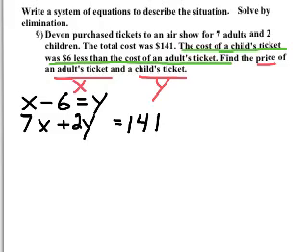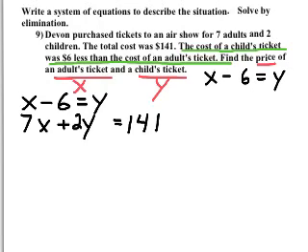So we've got to make the 2 equations have their x's and y's and their constants in the same place. To do that, we could rearrange either the top equation or the bottom equation. Well, I kind of like the way the bottom equation looks, so I'm going to rearrange the top equation. Top equation is x minus 6 equals y.